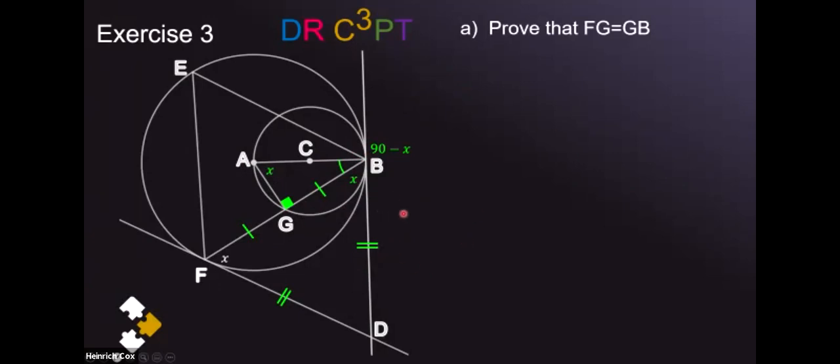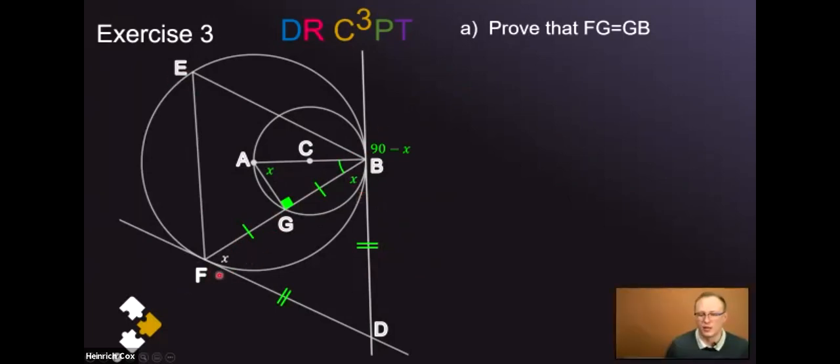If we continue from there, we can also apply the tan chord theorem in the large circle. Here, this line FD is forming this angle X with this chord. So we've got that there.